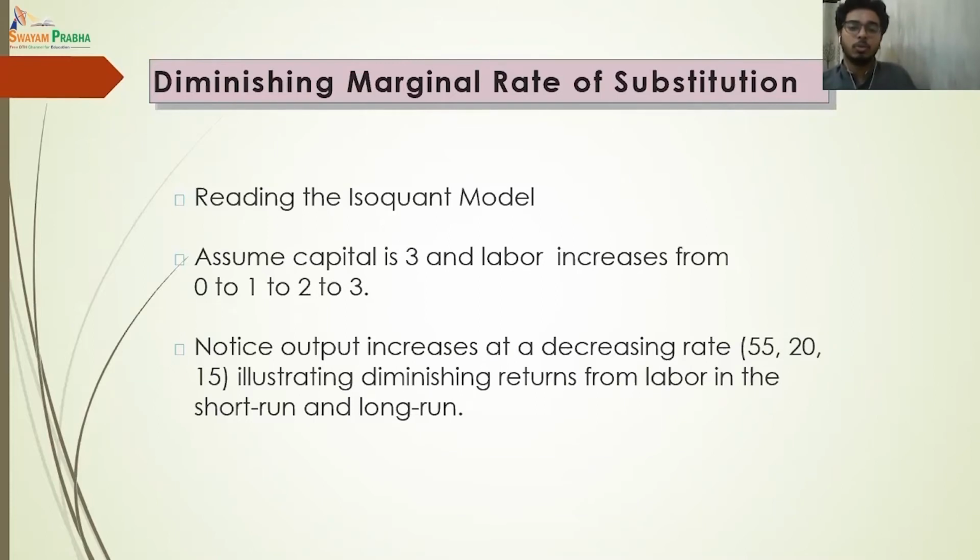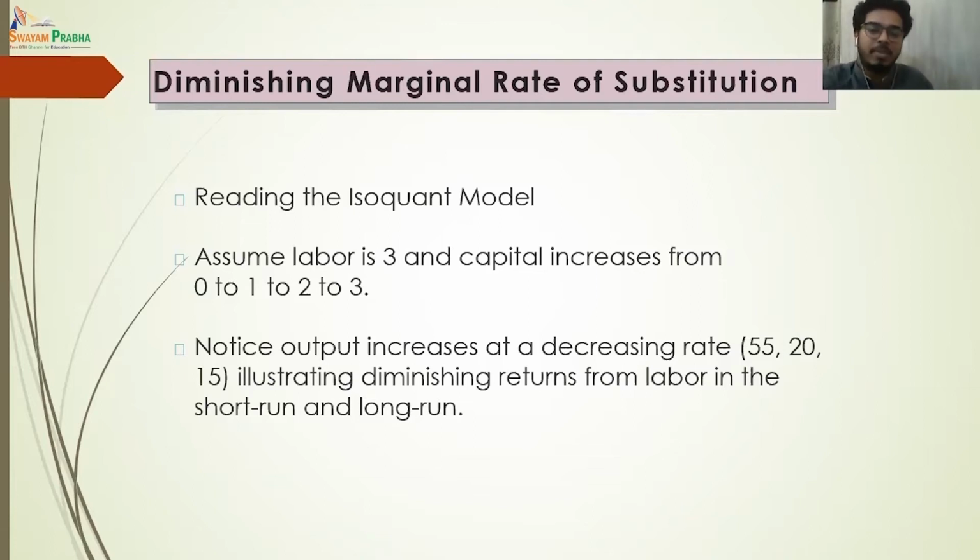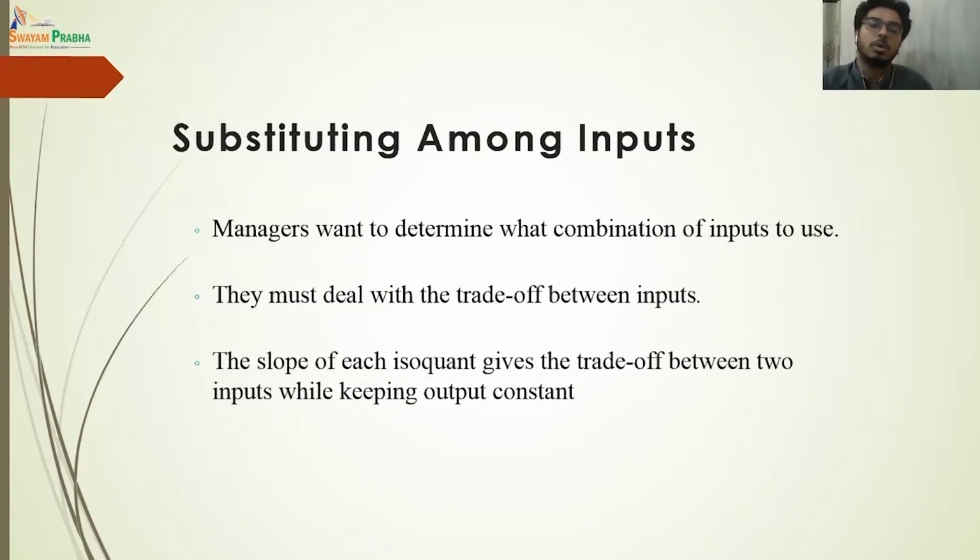All right, so we are substituting capital and labor. The same thing you can observe if labor is fixed at 3 and the capital increases from 0 to 1, 1 to 2, and 2 to 3, and the output increases at a decreasing rate, 55, 20, and 15.